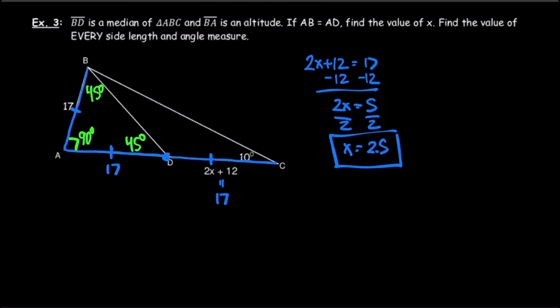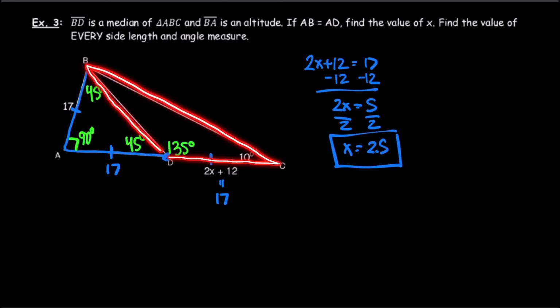Now what you can do is focus on this straight line and understand that these two angles have to add to 180, so I take 180 minus 45, that's got to be 135. And then finally, look at this triangle here.